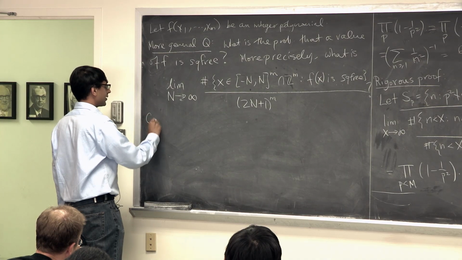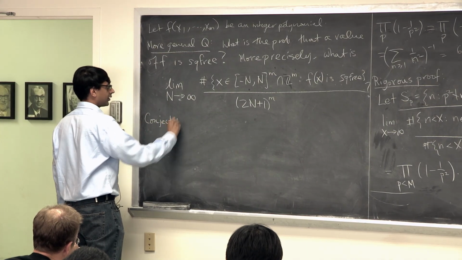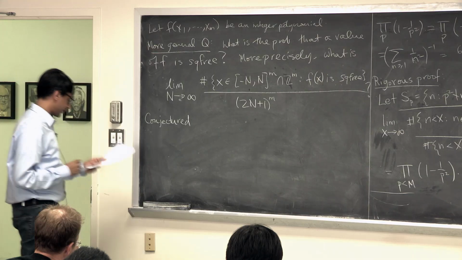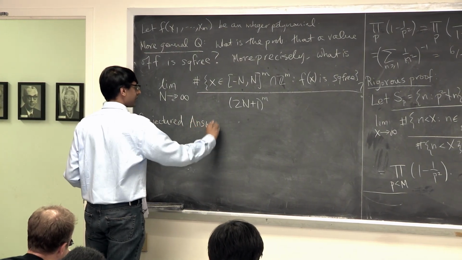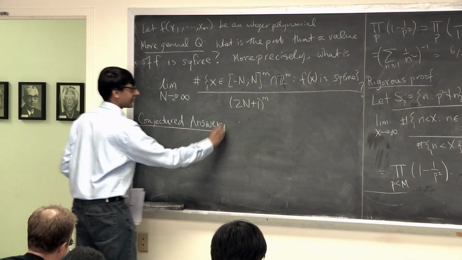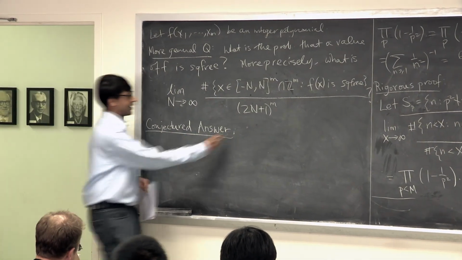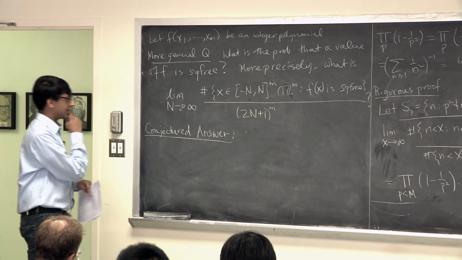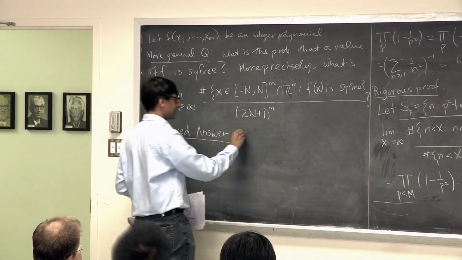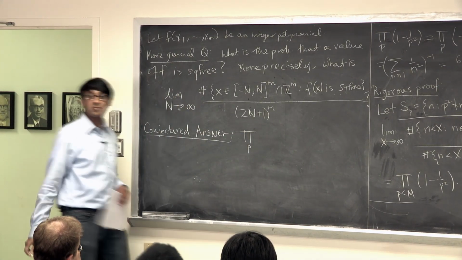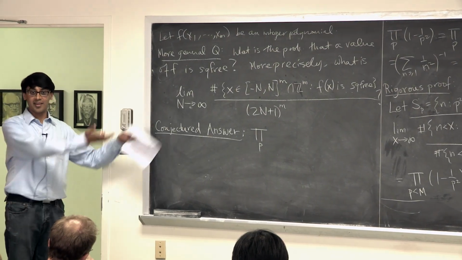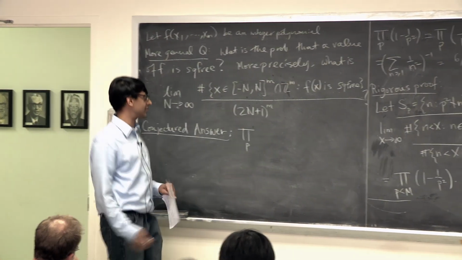And the conjectured answer. There's a general conjectured answer for this, which I'll just call the conjecture from now on, because that's what I want to talk about today. The conjectured answer is that it exists, and it should be a product over all primes p. All the primes p should be independent, just like they were in the case where we were counting general square free integers.